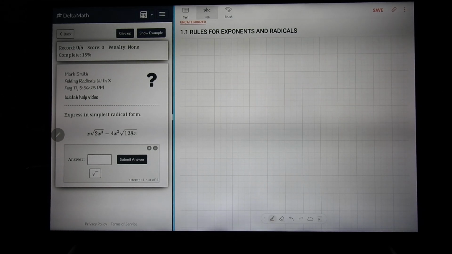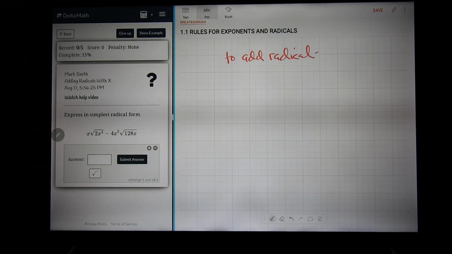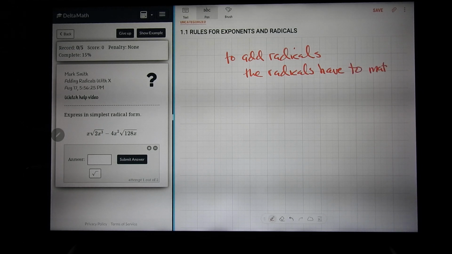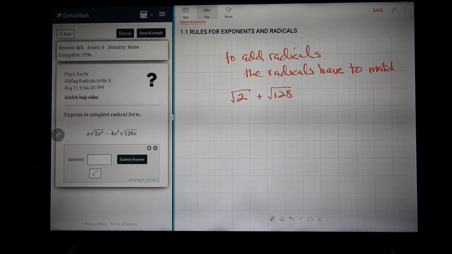Adding radicals with x. Okay, so the first rule is to add radicals, the radicals have to match. So if we were going to add the square root of 2 plus the square root of 128, well, we can't do that because the radicals aren't the same.